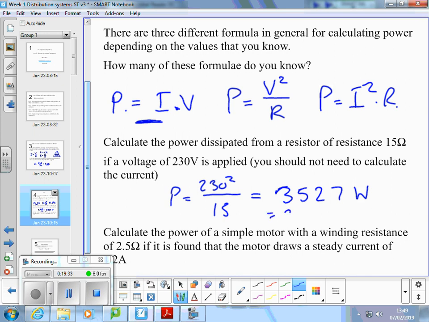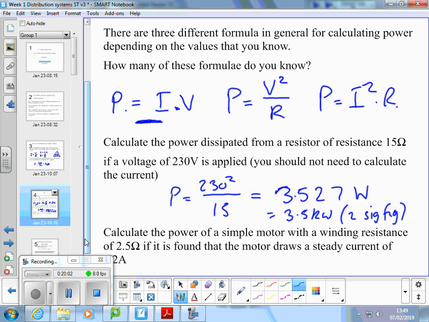Yep. That's to 2 significant figures, Josh. Yeah? Alright. Depending on when you do calculations, particularly where you're using measured values from circuits, you must bear in mind the resolution that you've measured it to.